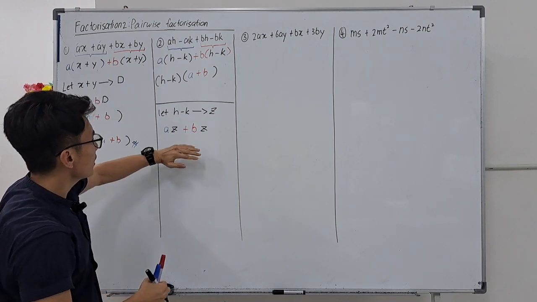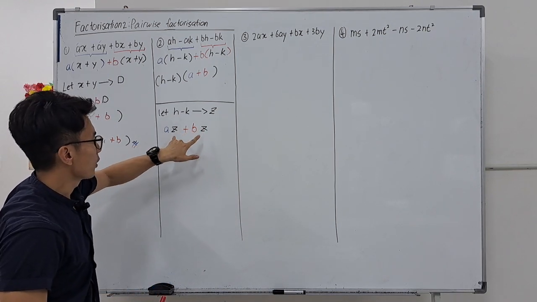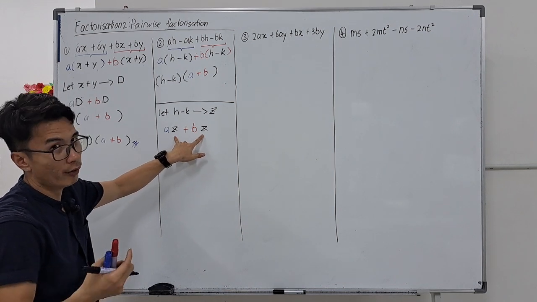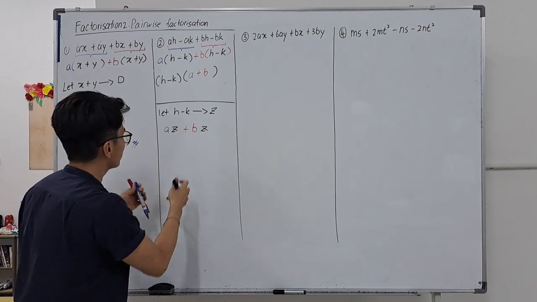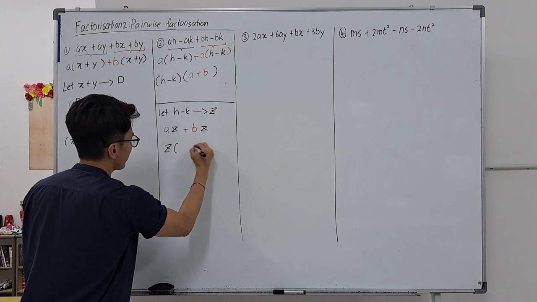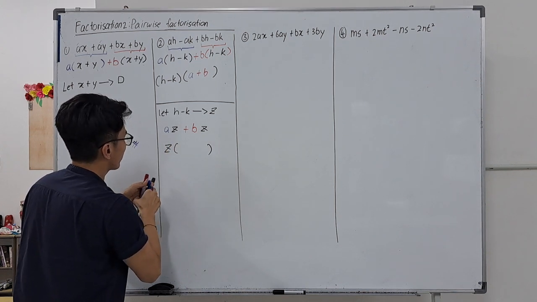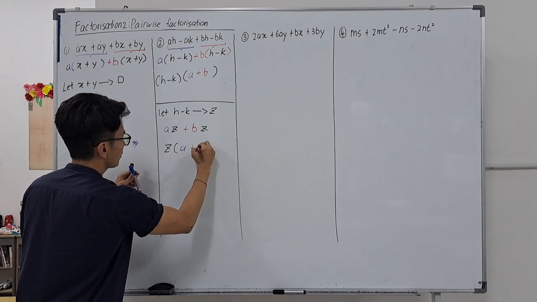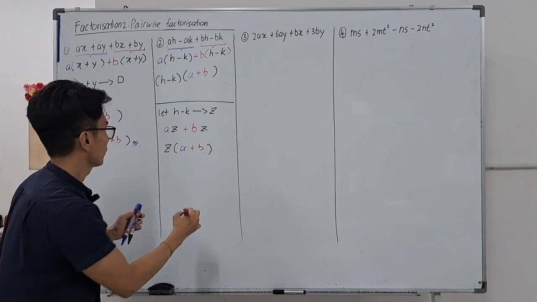So we can see over here that Z right now is a common factor, a common term that we can factorize. So we will factorize this out, so that I have Z, and what do I have back in my bracket? That's going to be A plus B, okay?